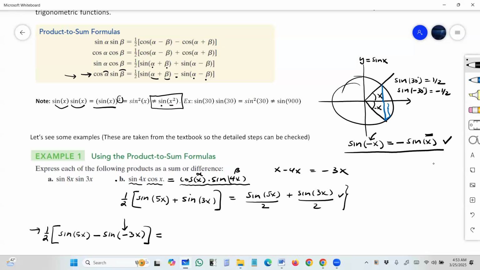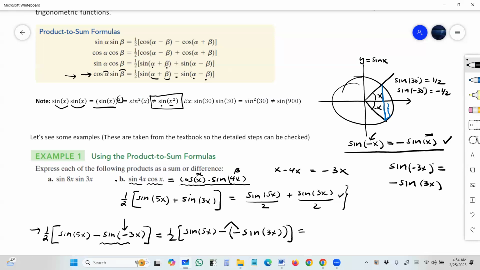So in here, I'm going to have to simplify this expression. So 1/2 sine 5x minus, and the sine of minus 3x is actually equal to minus sine of 3x. So this is minus sine of 3x. And now the minus and a minus is a plus.